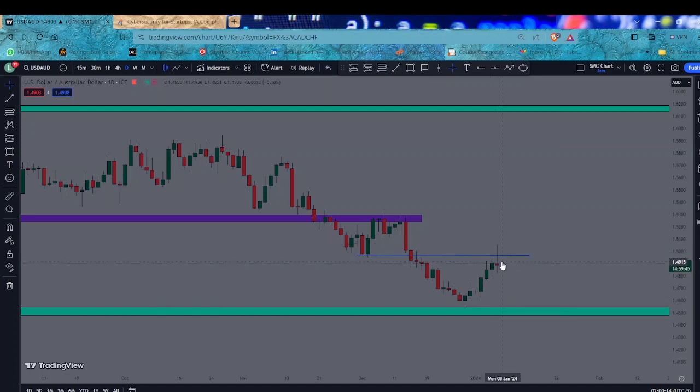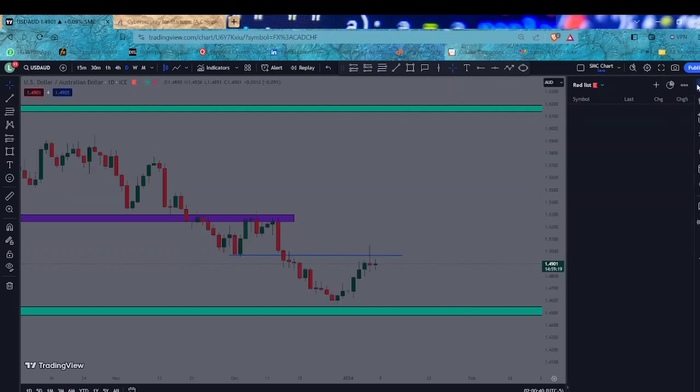Okay, so what I'm going to say is that before you enter this trade, you have to wait for the market to break this zone to the upside. Maybe a strong bullish candle breaking this resistance zone to the upside on the daily time frame before you enter the market.